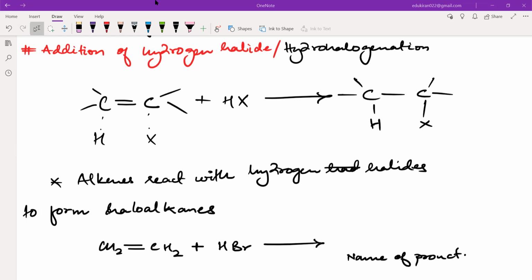It's correct though, but you try to name it. Yes, Samaira, correct.